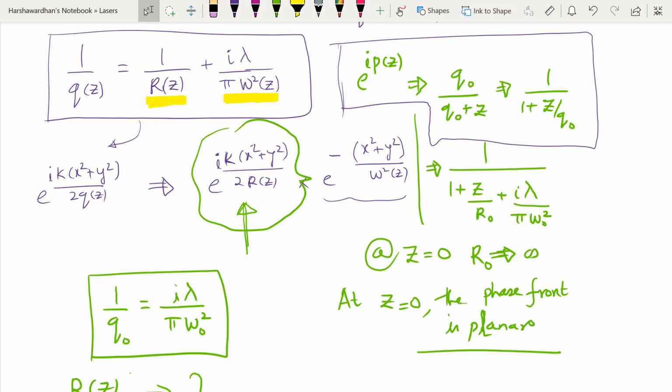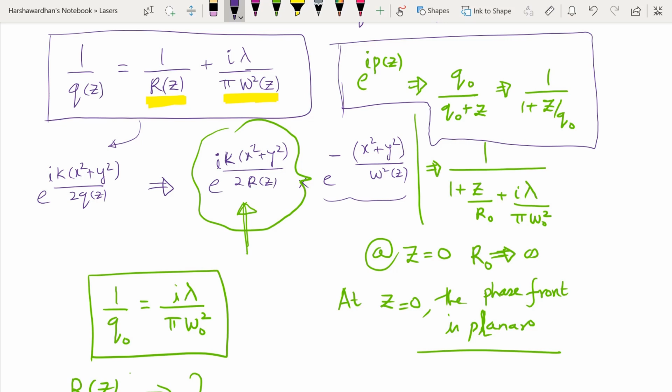Q naught is the Q at Z equal to 0. So if I plug in Z equal to 0, I'll basically get an R naught and a W naught squared. This W naught and R naught are precisely the values of R and W taken at Z equal to 0.